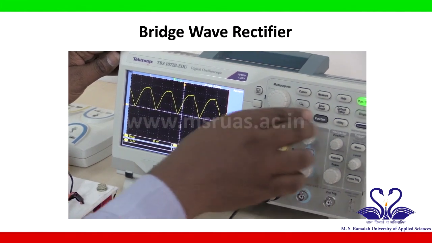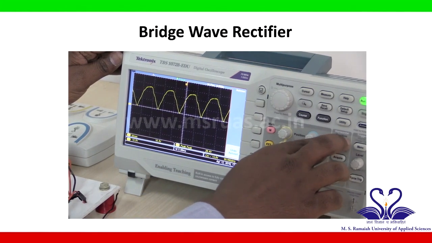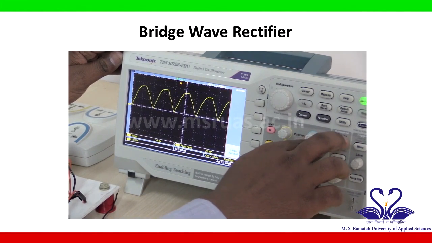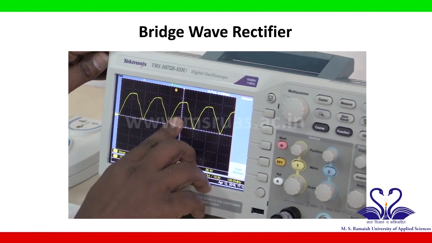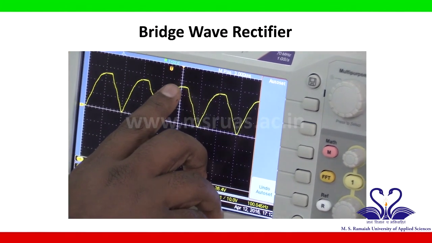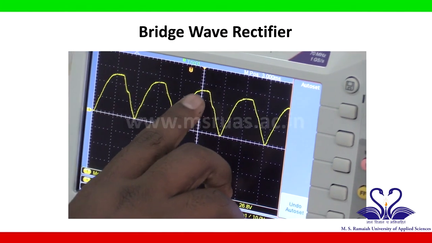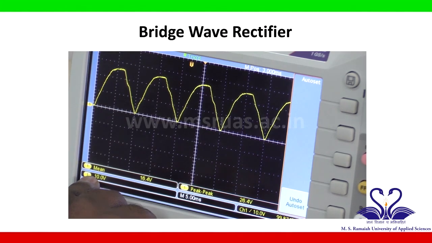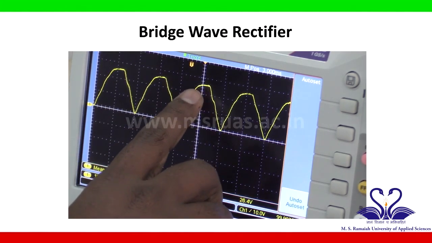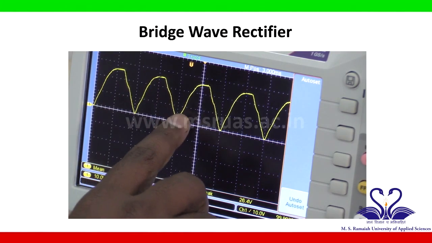To measure that, I will move this waveform onto a reference line. If you see this waveform, along the y axis it is covering 2 blocks and 3 small divisions. So 2.6 into each block having a value of 10 volt. So 2.6 into 10 volt equals 26 volt.